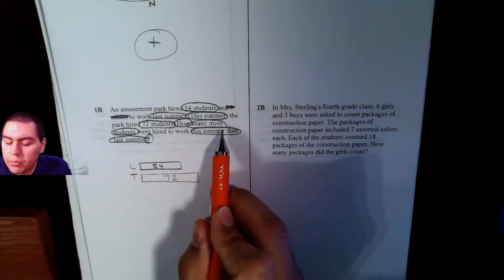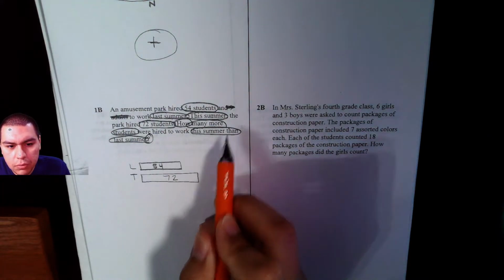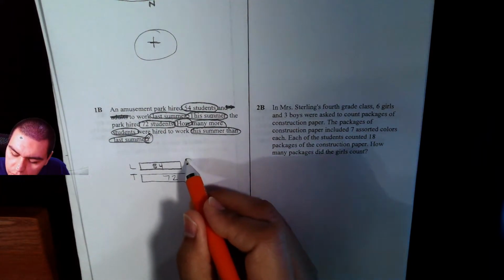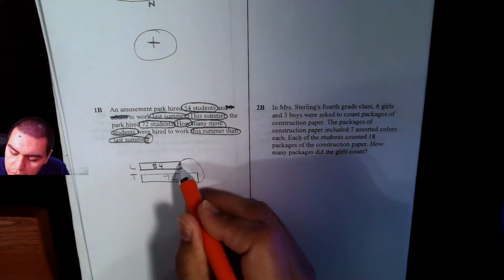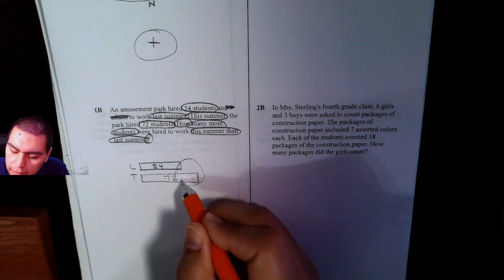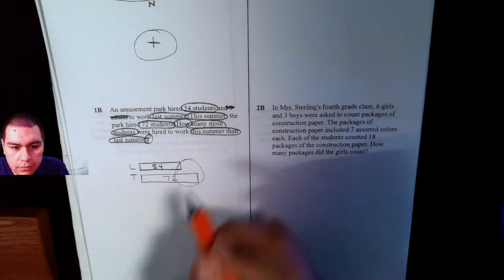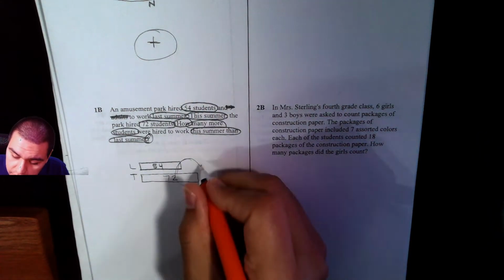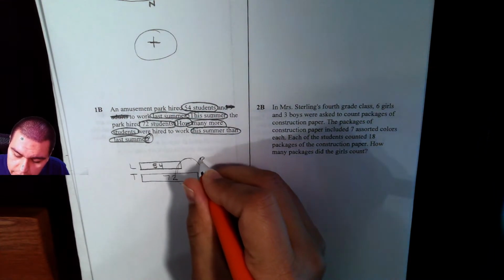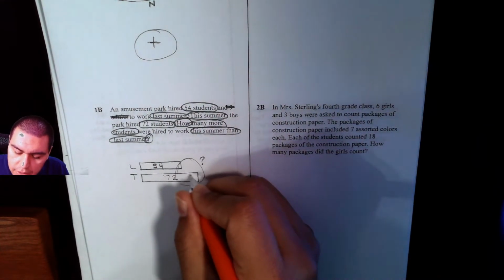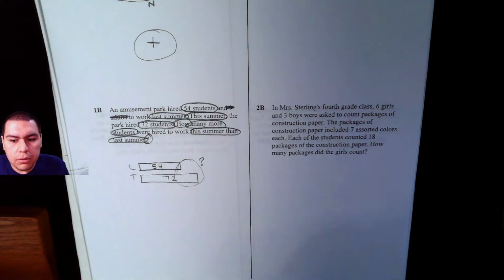When they say how many more, what they're asking me is how much more? What's the number that belongs in this part? So that's my question. What is the number that goes here?